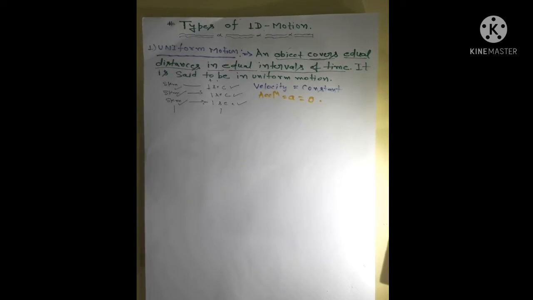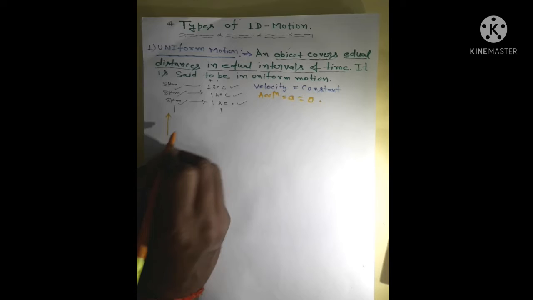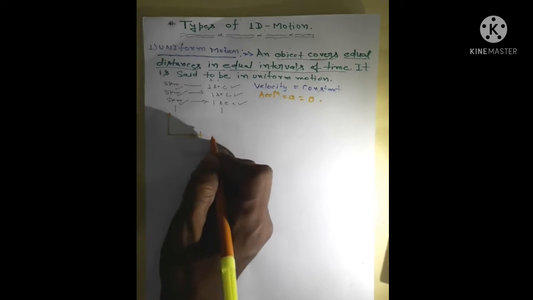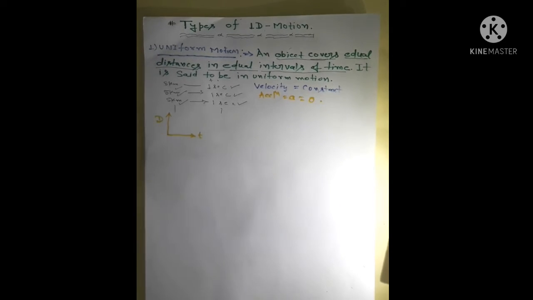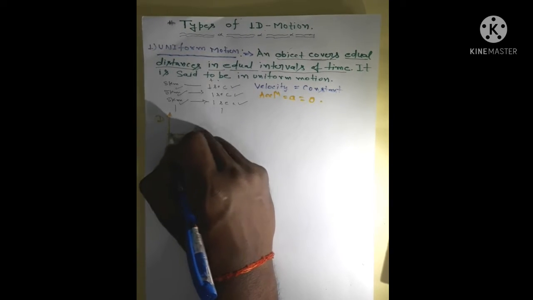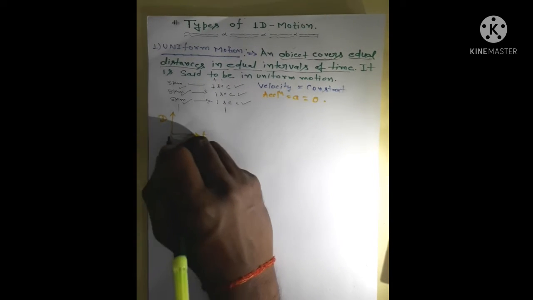Now we will see the distance-time graph. This is the y-axis and this is the x-axis. The x-axis represents time and the y-axis represents distance. Then this graph is a straight line like this.